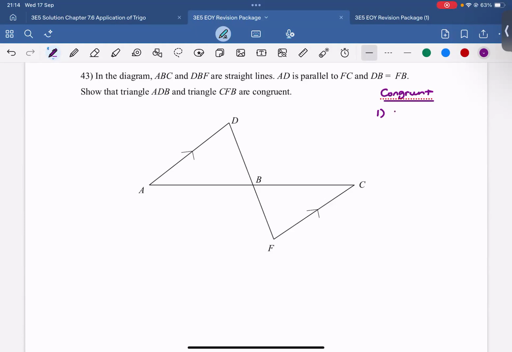You can't differentiate A and S. Wait, that's SSS. You say A, then I say SSS. No, it didn't show that.